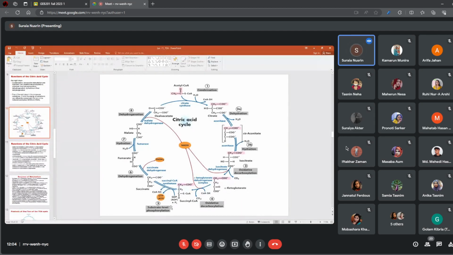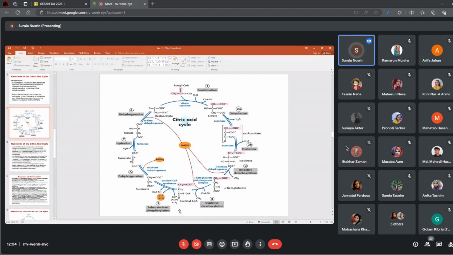Again, because of the dehydrogenase enzyme in an oxidative reaction, we get NADH.